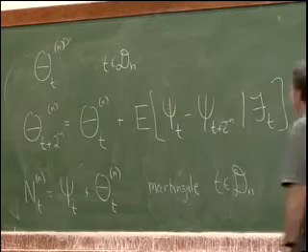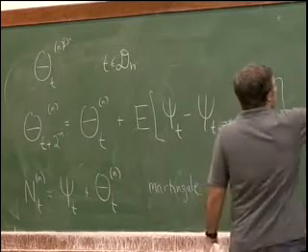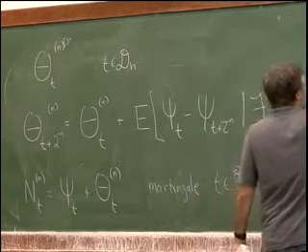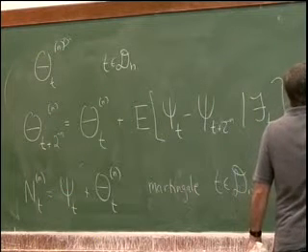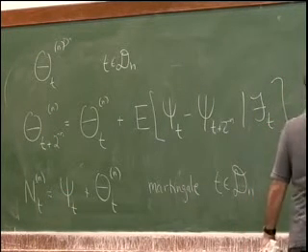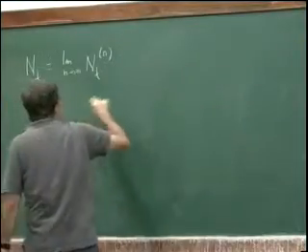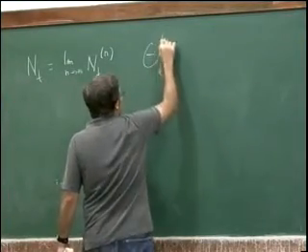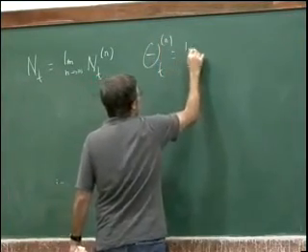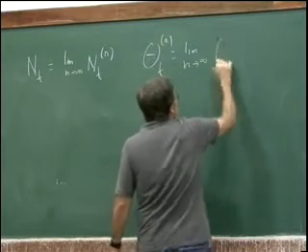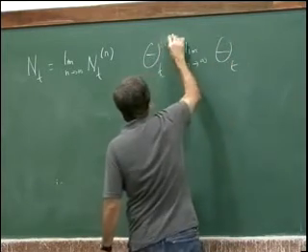And basically, what we want to do is N_t is the limit of N_t^n, and theta_t is the limit of theta_t^n.